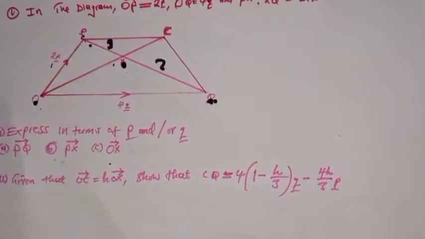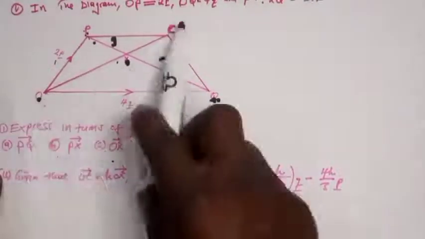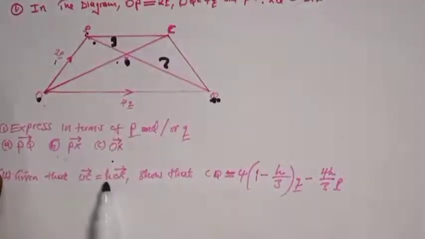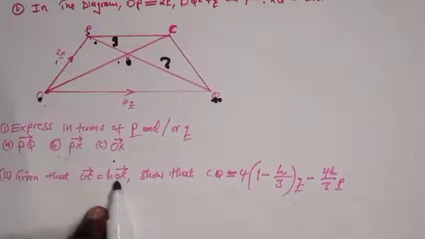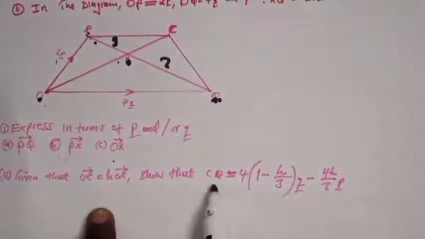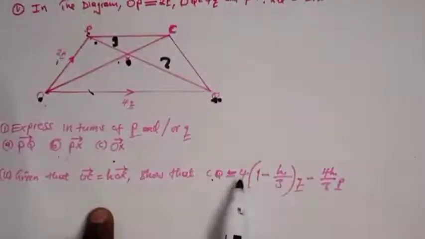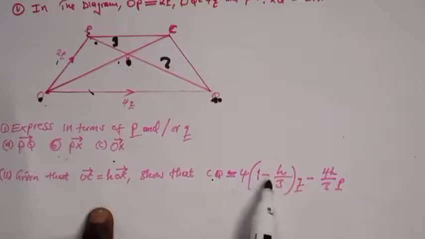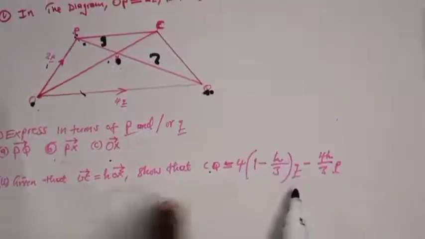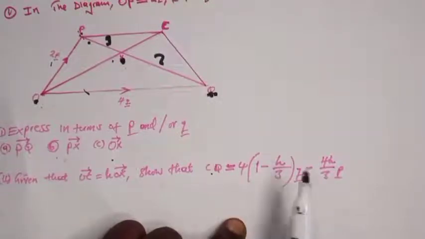So now let's try to prove, given that OC is equal to h, which can be any scalar, times vector OX, then show that CQ is equal to 4 open bracket 1 minus h over 3 close q minus 4h over 3 p.